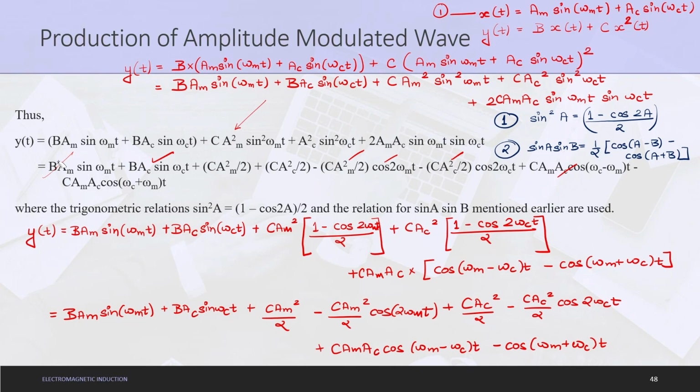So this is the formulation I was talking about in the last two parts. It is just a simple mathematical formulation using these two trigonometric identities, and hence we got the final square law device output, that is y of t. Why there was a need to do this is explained in the next slide.